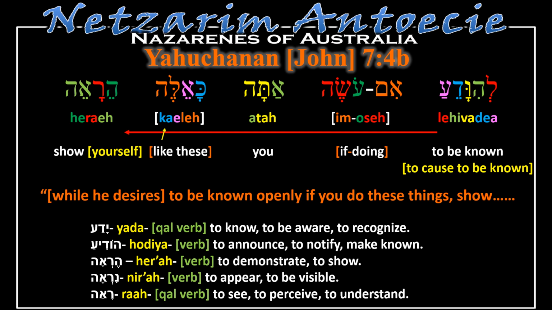Right, but we have to see what is its root. What we discover is that this vav here has actually replaced a yod, because the root word is yada, which is a qal verb to know, to be aware, to recognize. And then it's a hifil, which is causative, because that's a form too, with the hey being a hifil. So it means, and the lamed, of course, to cause to be known.